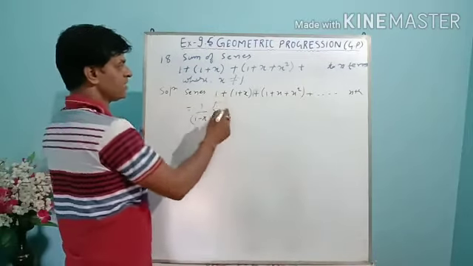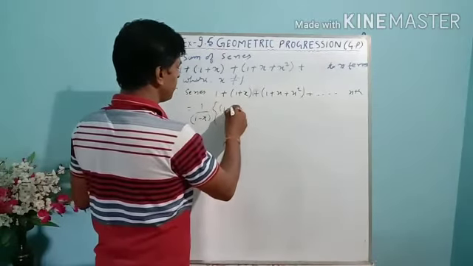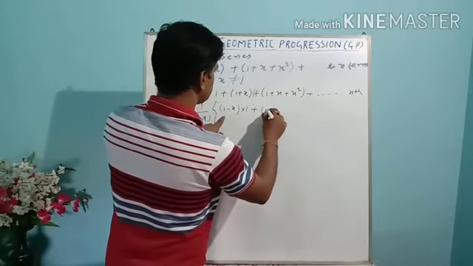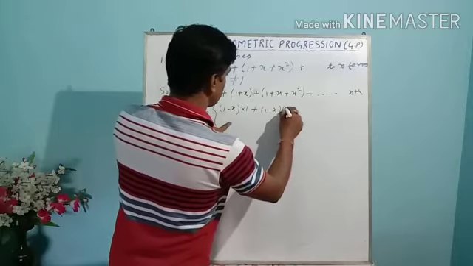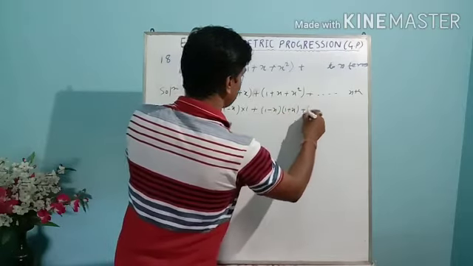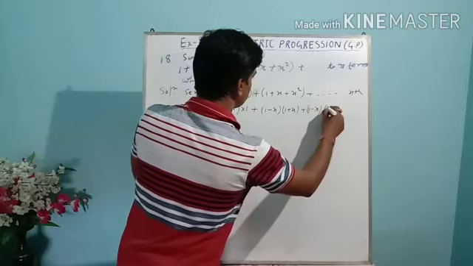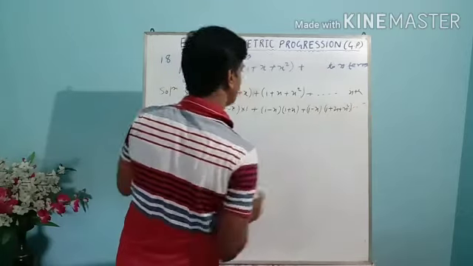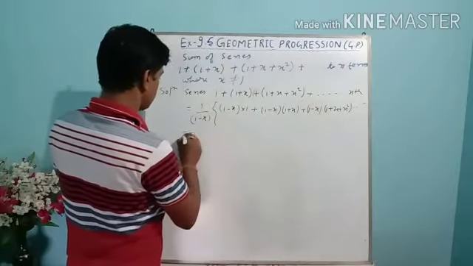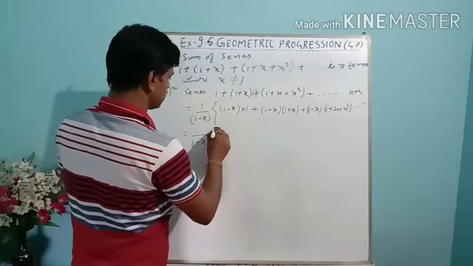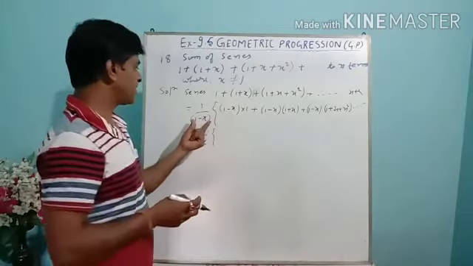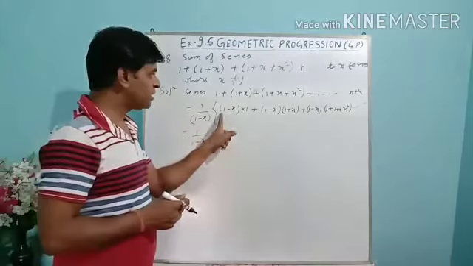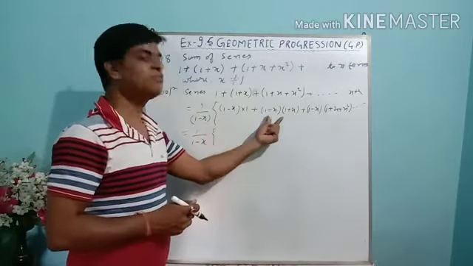So multiply 1 minus x with 1, again 1 minus x with 1 plus x, 1 minus x with 1 plus x square, like that till nth term. Now 1 by 1 minus x. You might have a question, why do we multiply and divide by 1 minus x? So that we can change this into some formula.